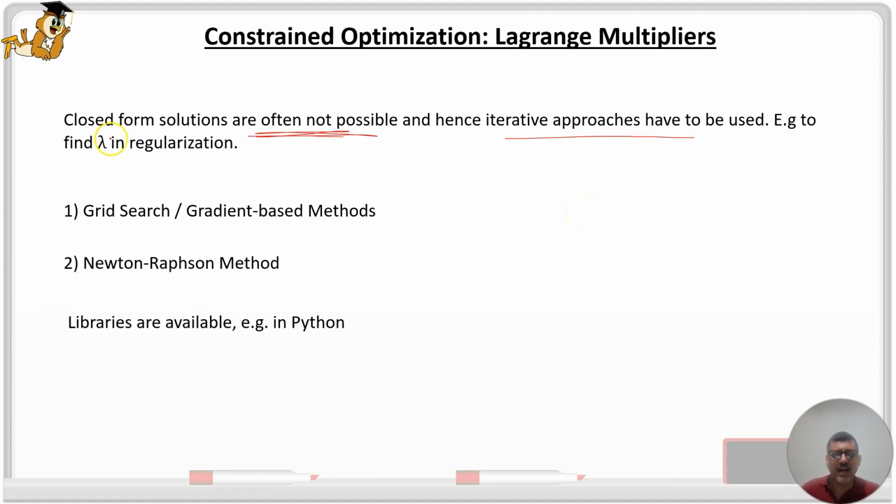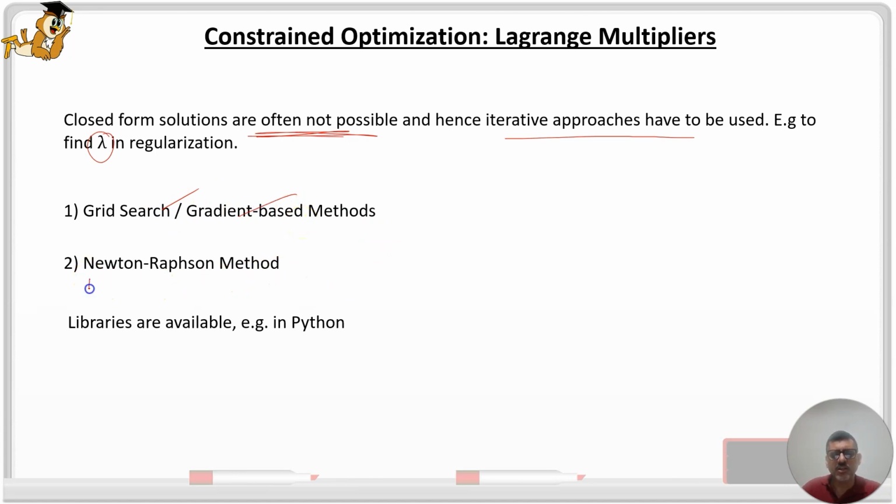we did to find lambda when we were talking about regularization. Remember, in regularization we said that you cannot get a closed form expression to find the value of lambda, and you sort of iteratively try to find the best possible value of lambda. That is essentially what has to be done, and you have to employ things like grid search or other gradient based methods.